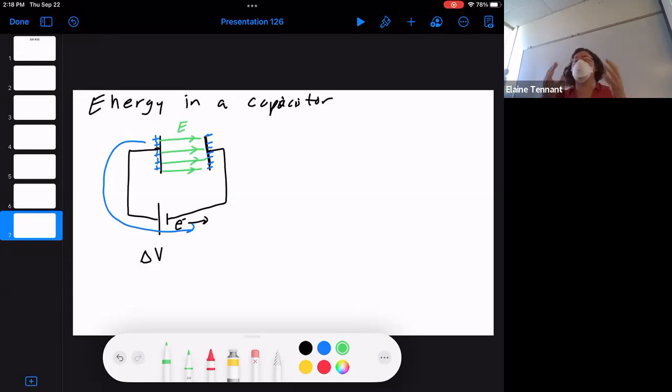And that's where we're saying the energy is being stored. So the battery does work to push the electrons onto the plate. Those electrons, the positive and negative charge, create an electric field, and that's what's going to store the energy. That's where the energy is now. It went from the battery to the capacitor in that field.